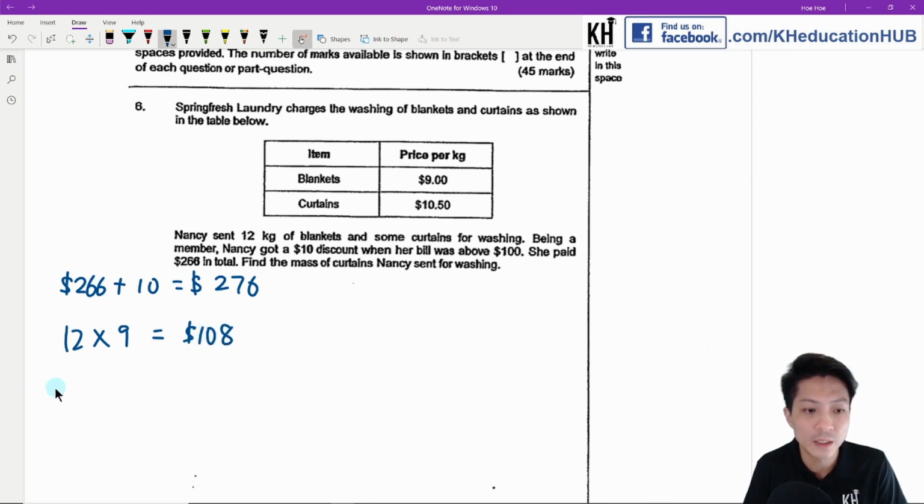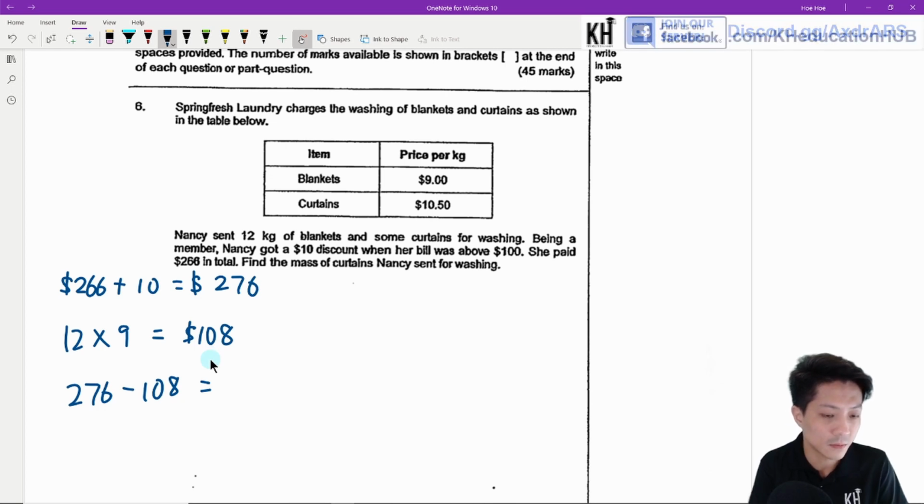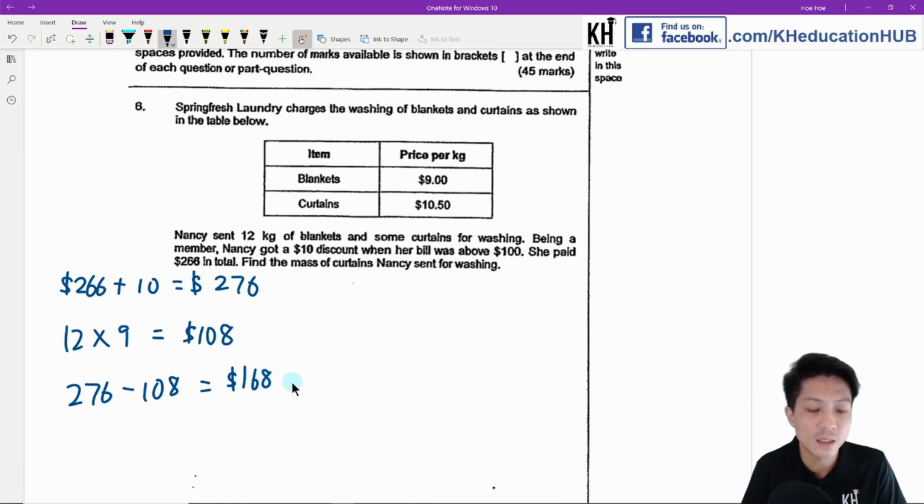is 108. Okay, so the total minus the blanket give me 168. Okay, this is the amount paid for the curtains.